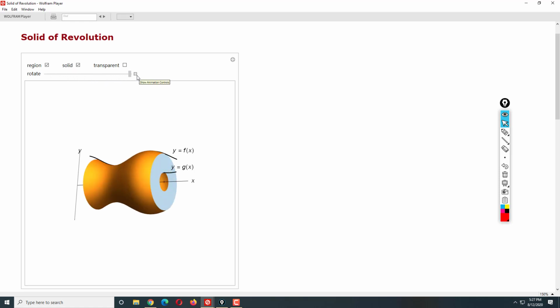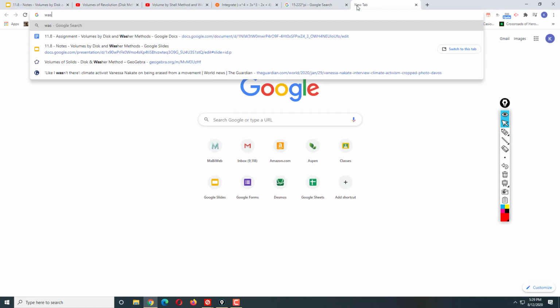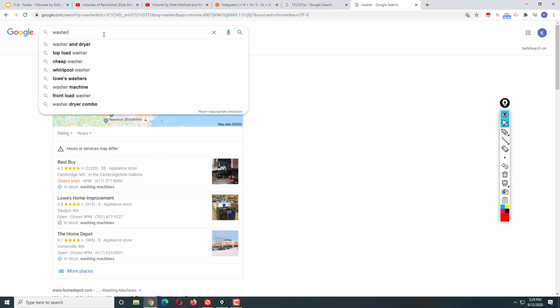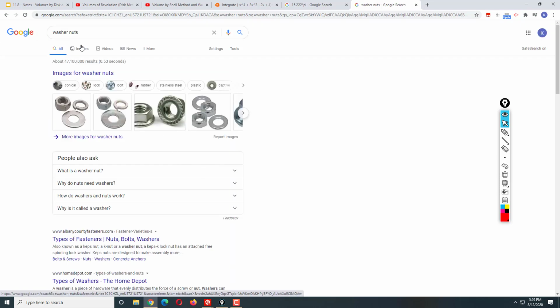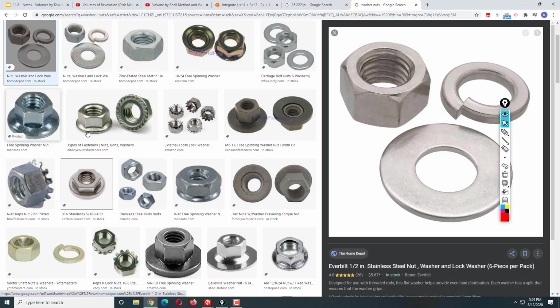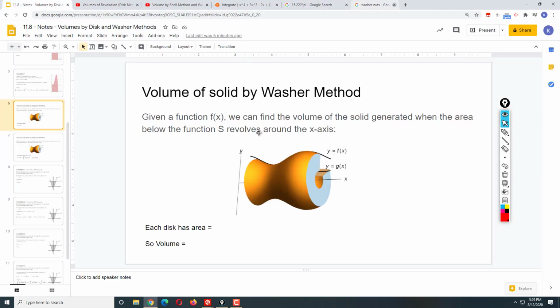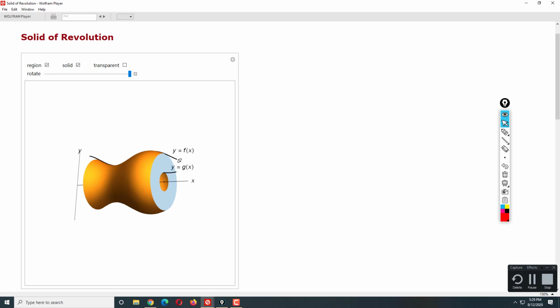Okay. This is called the washer method because washers look like this. Here's an example of a nut, and here's an example of a washer. So that's why this is called the washer method. So here's the washer.